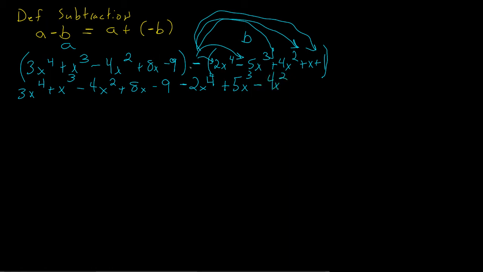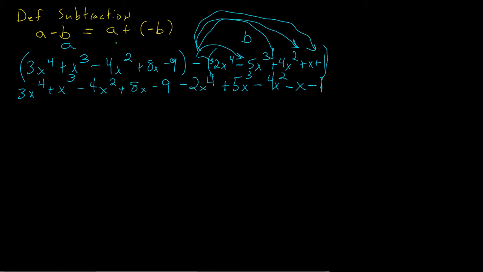That's my x squared terms. And negative times a positive is a negative. And a negative times a positive is a negative. And so I have switched this from being subtraction by distributing that negative to everything in there. And that is what our definition of subtraction did.